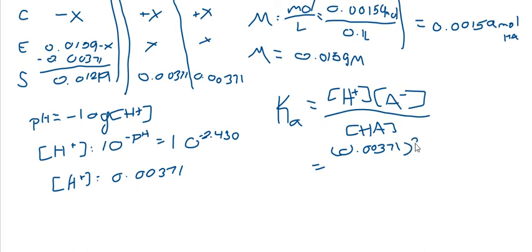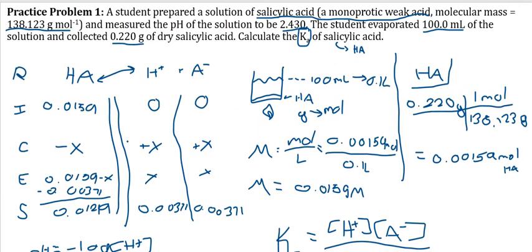Since the concentration of H plus and A minus are the same, I'm just going to square that, divided by my equilibrium concentration of HA, which we have appropriately calculated. And we get that Ka is equal to 1.13 times 10 to the negative third. And that is how we solve practice problem 1 in the Unit 6 Lesson 5 packet.